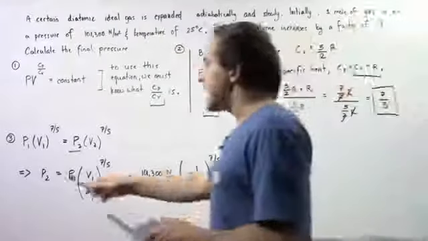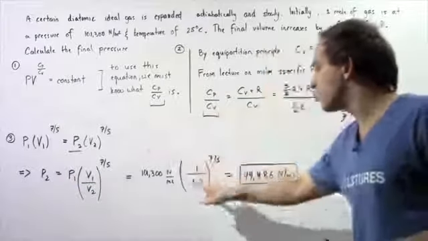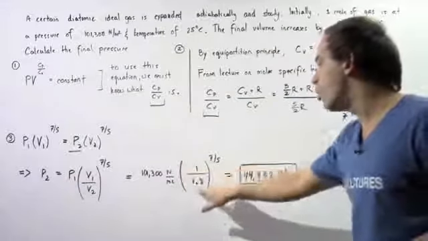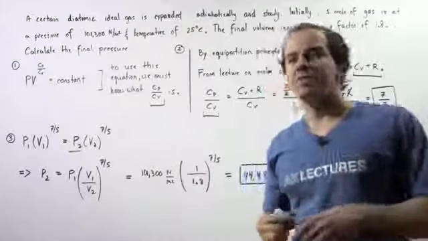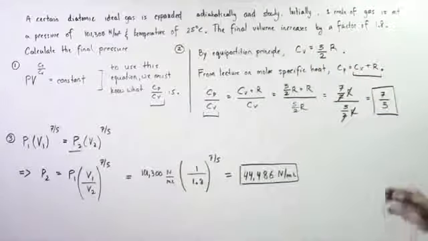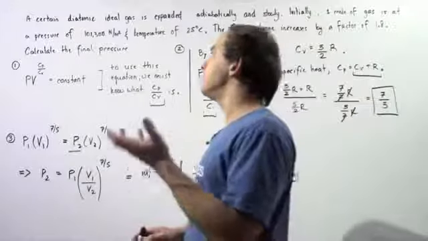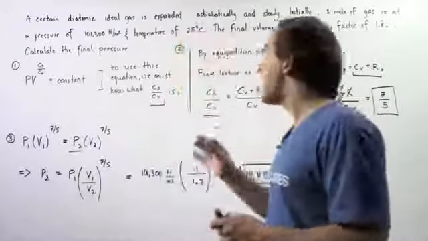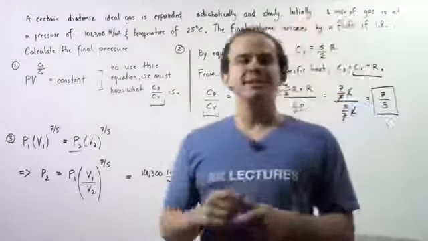So we see that P2 is equal to this multiplied by the ratio of 1 divided by 1.8 raised to the power of 7 divided by 5. And that gives us approximately 44,486 newtons per meter squared is the final pressure in our adiabatic and slow expansion of a diatomic ideal gas.